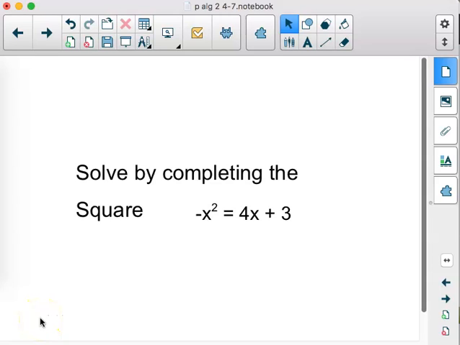As people are still signing in here, I definitely want to start today by talking about a little review of completing the square. Because when I was looking at the homework over the last 2 days for section 4-6, day 1 and 2, some of you had not completed those assignments.